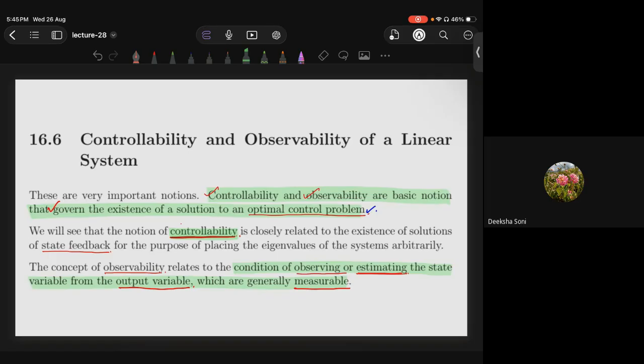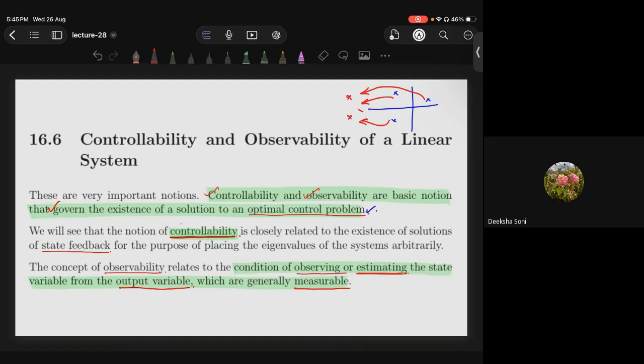Controllability talks about how to push those poles from the right hand side to the left hand side, or, if all poles are in the left hand side but very close to the j omega axis, how to push them farther away from the j omega axis. It talks about how we can push these poles in this direction or to any desired location.